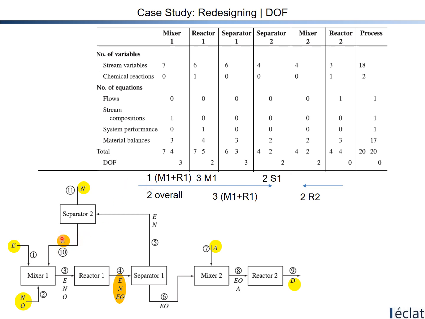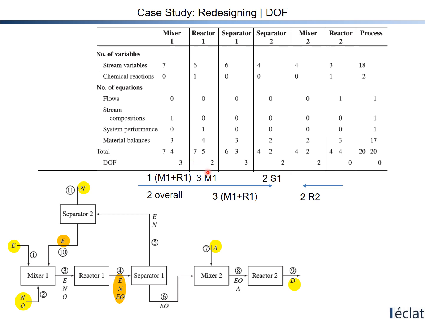This one, right? And then 2 more pieces of information could be obtained from the overall process, E and N. So right now we have 3 additional pieces of information. So we could satisfy the degree of freedom of 3. So 3 minus 3 is 0, then you can solve this problem.